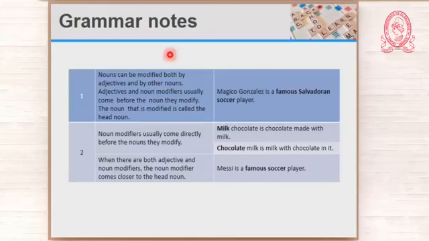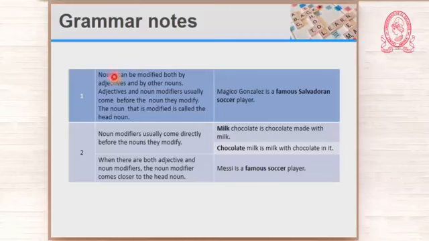Remember, we have learned up to now that nouns are modified by adjectives, and that is true. But we also need to take into consideration that sometimes nouns are modified by other nouns, okay? Nouns modifying nouns.